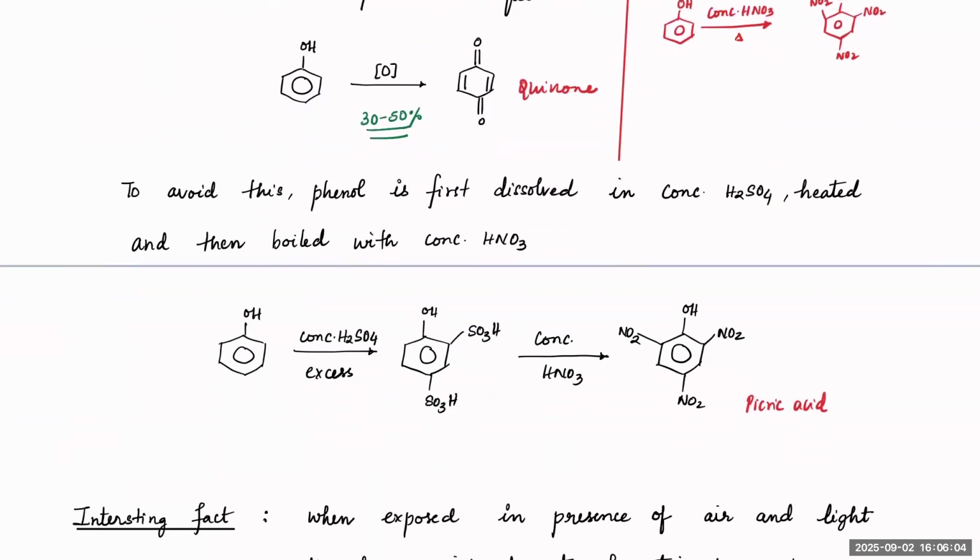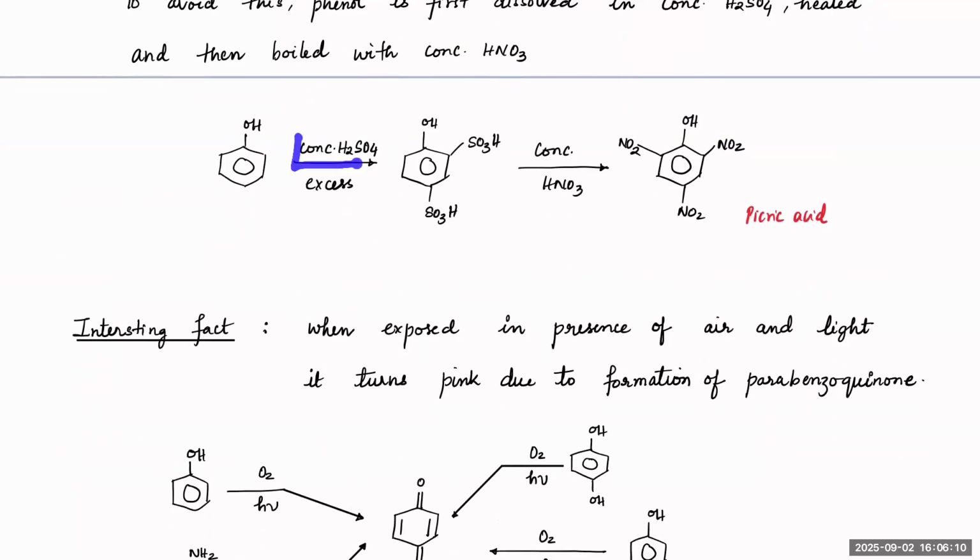So to avoid that quinone formation, we use concentrated H2SO4 in excess amount. First, you know that it will give SO3H. Once you do that, then you do concentrated HNO3. Now what happens? Because this is already a strong withdrawing group here, the oxidation of phenol will not take place. Instead, only nitration will happen at one position first, with SO3H present here.